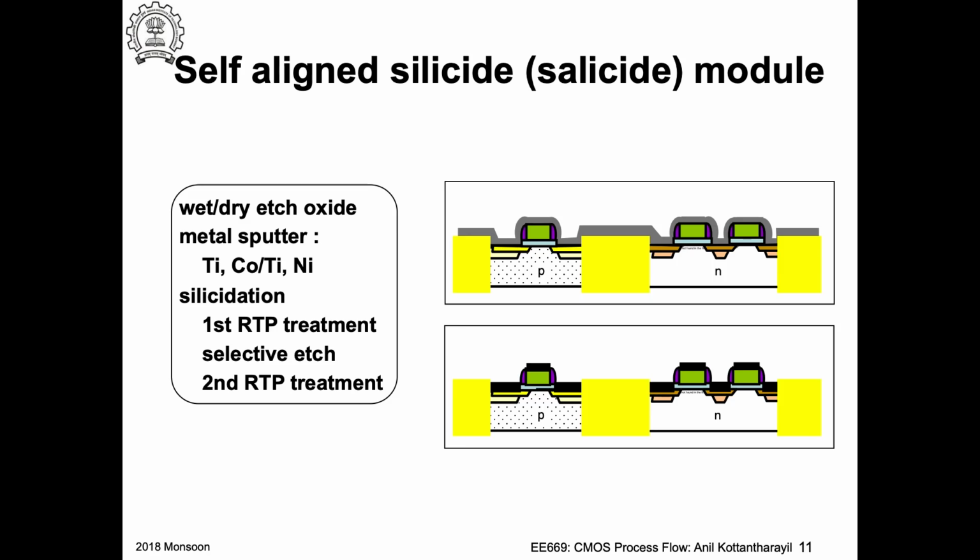The tools that are used would be in a different clean room, and the wafers, once they go into the back end of line process, usually don't come back to the front end of line because of contamination issues.